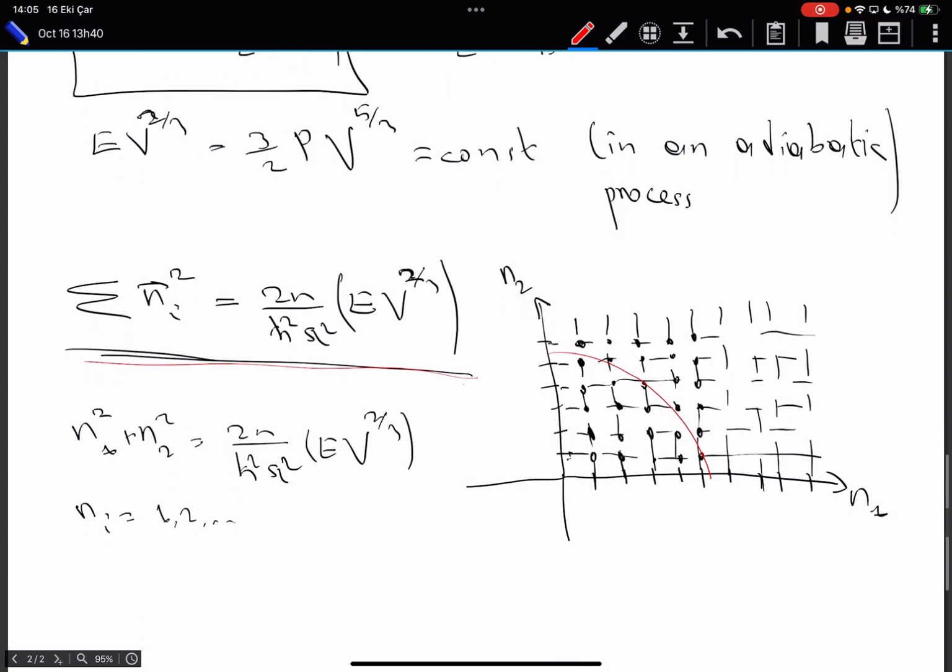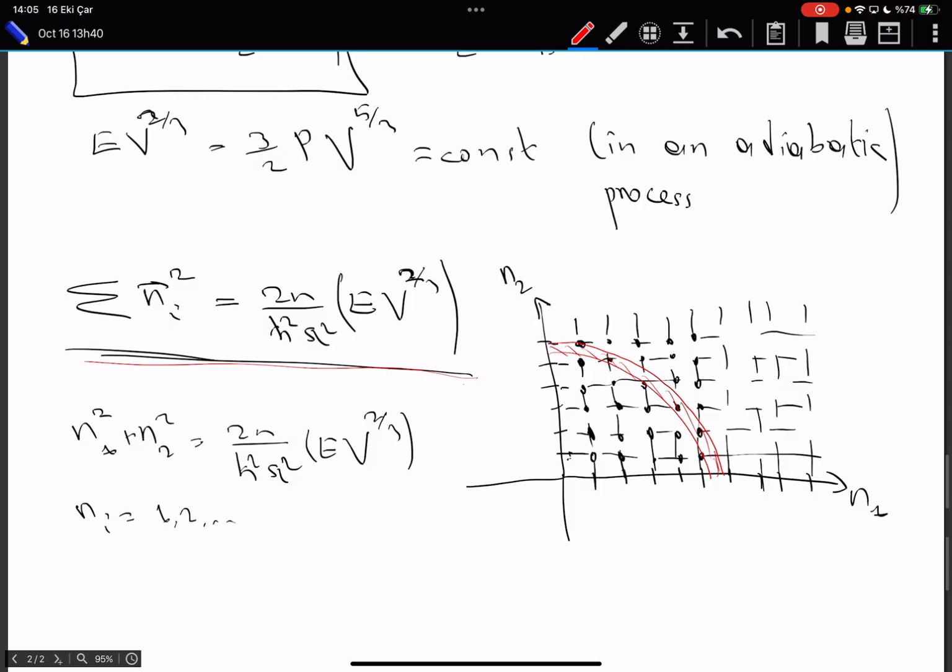So what we should ask is the number of microstates within such a shell. This will also have a smoother behavior, so when we talk about derivatives, it will have a meaning. If we don't do this, we cannot talk about derivatives.